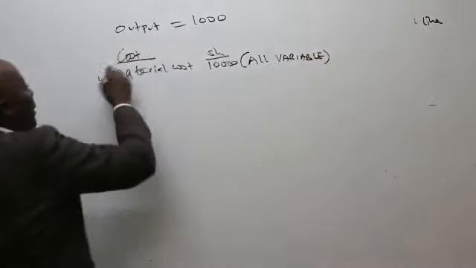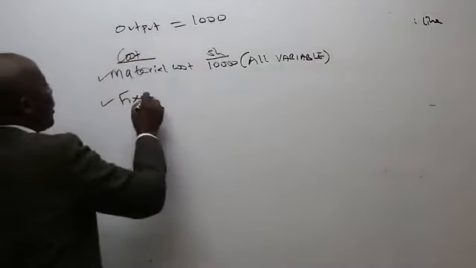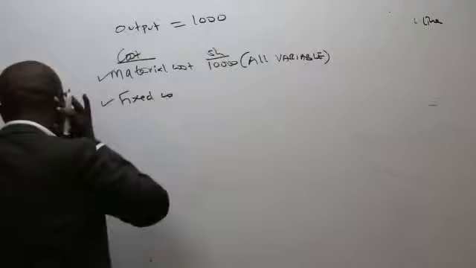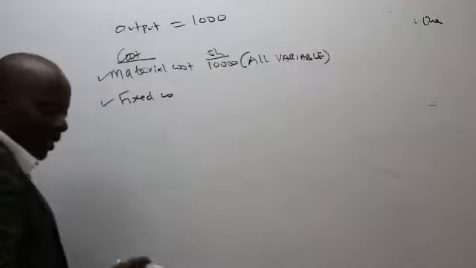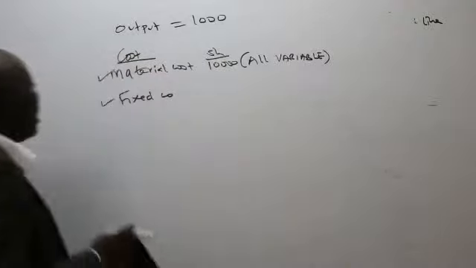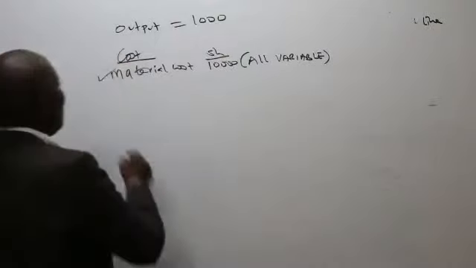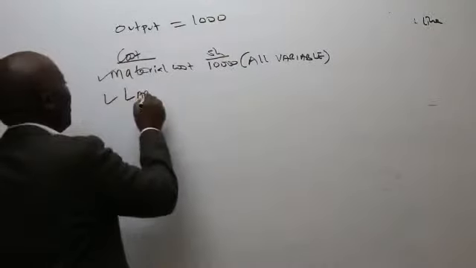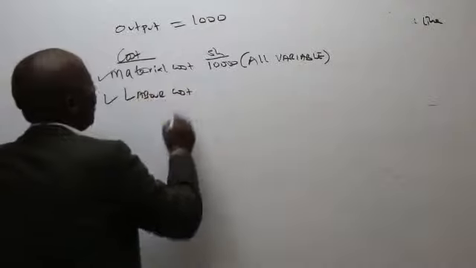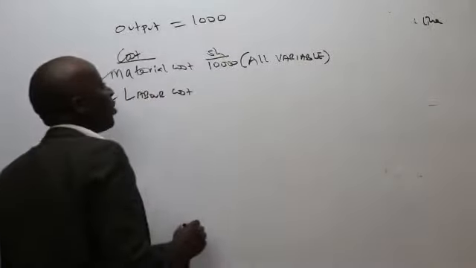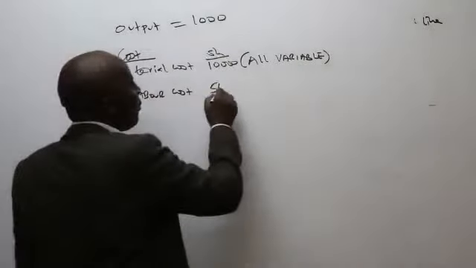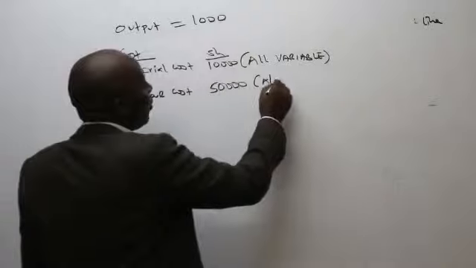And then we have labor cost. We are given here labor cost of 50,000. Again, all variable.